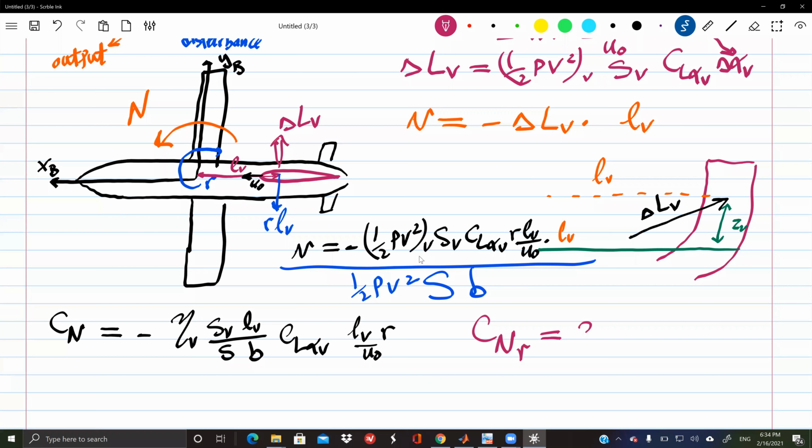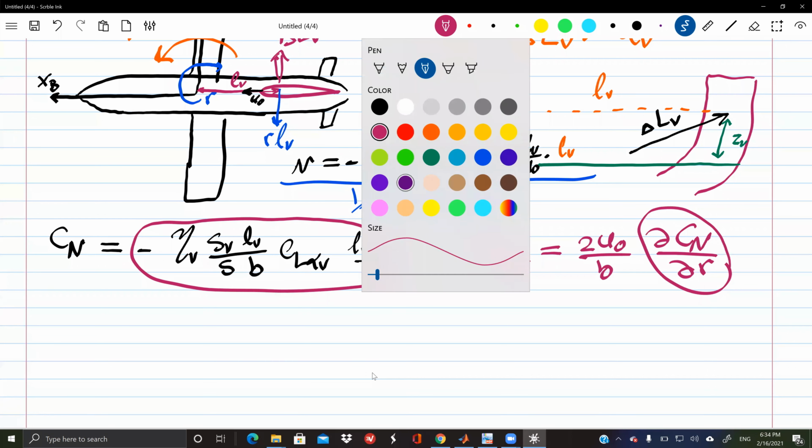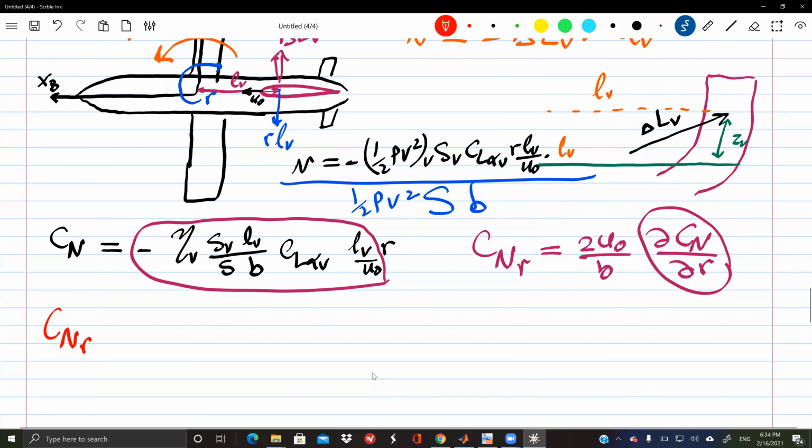CNR is 2U naught over B partial Cn partial R. So this is Cn differentiated with respect to R. It's actually linear in R, which means just get the coefficient. So CNR here is negative, and we multiply by 2.